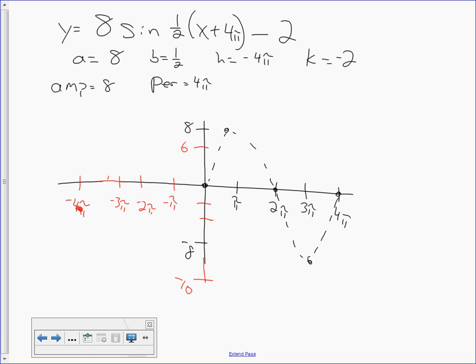This one goes to negative 3, down 2. This one goes to negative 2, down 2. This one goes to negative 1, down 2. This one goes to 0, down 2. There it is.